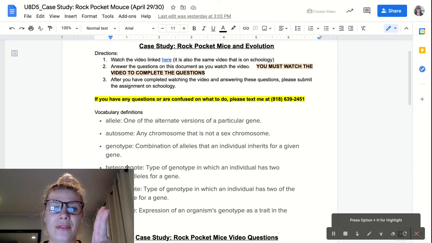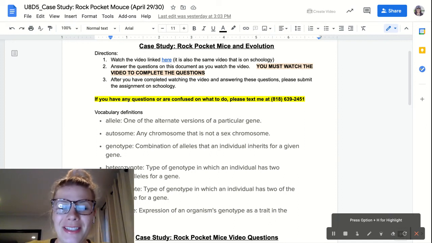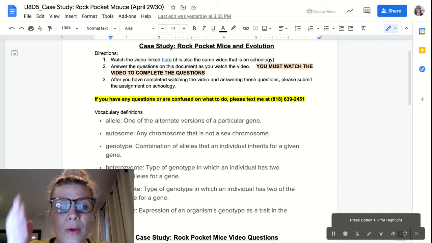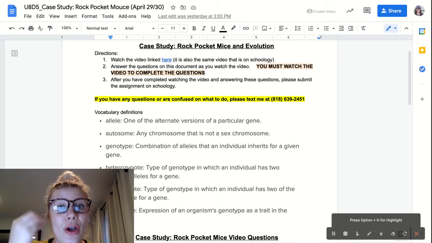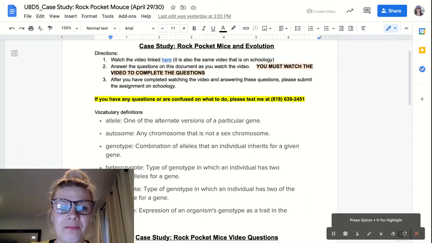Heterozygous is if you have two different alleles for a gene, and homozygous is if you have the same allele for a gene. And phenotype is the physical expression of what we're seeing from the genes, right? So you can physically see that I have brown eyes. You can assume that my genotype, my genes, which you can't physically see, code for that brown-eyed trait.